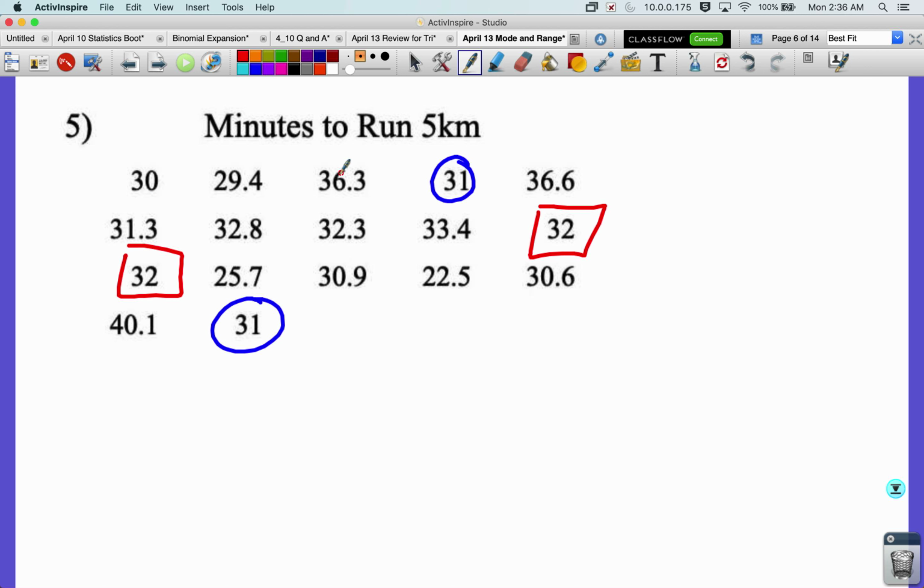No. Yep, so it's just those two numbers appeared twice. So the mode here is 31 and 32. So watch out for those ones. Just because you've found one number that repeats doesn't mean another number couldn't repeat, or maybe one number repeats 3 times and that's the only mode.